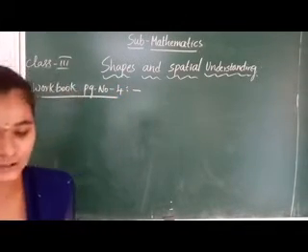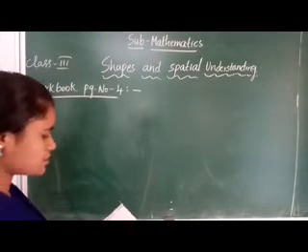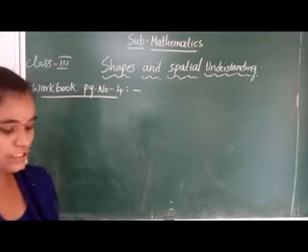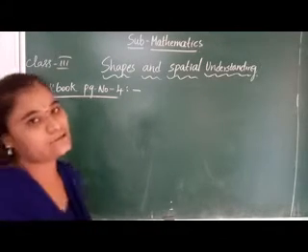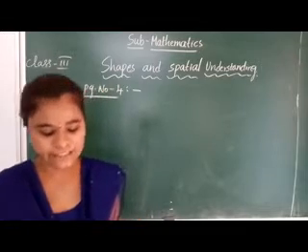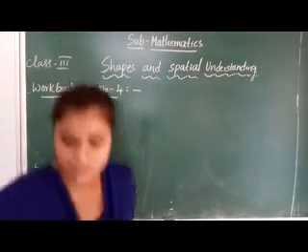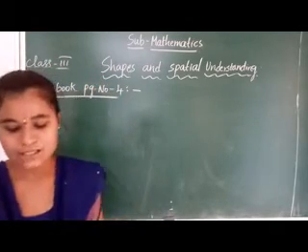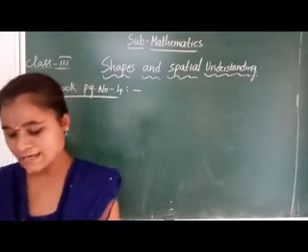Match the object to the 2D shape it represents. First one is monitor. Monitor matches to rectangle. Next one, circle shape. Next one, square shape. And last one, triangle shape.